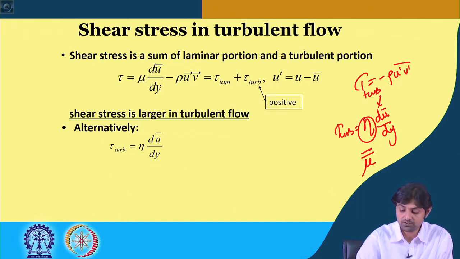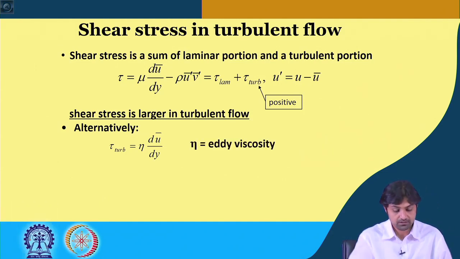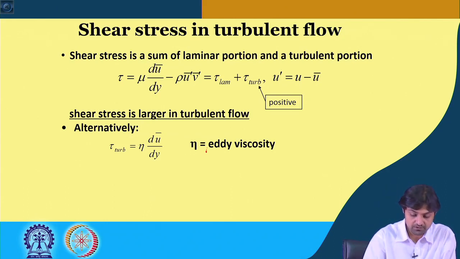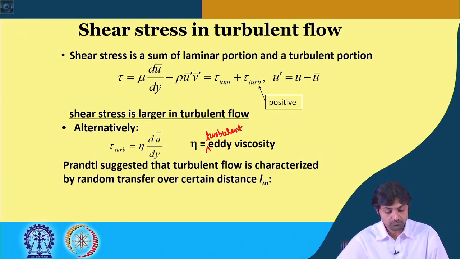This is called turbulent eddy viscosity. This is our approximation, where eta is the eddy viscosity or turbulent eddy viscosity.